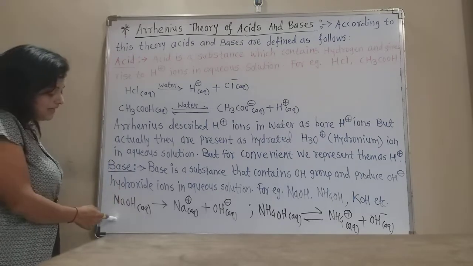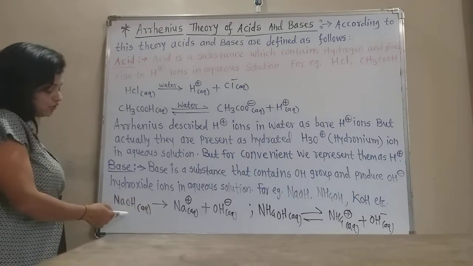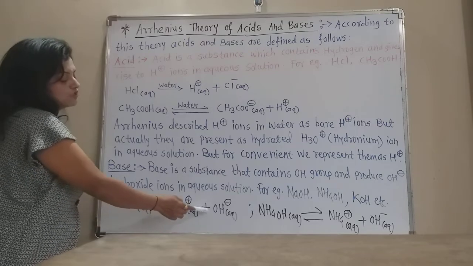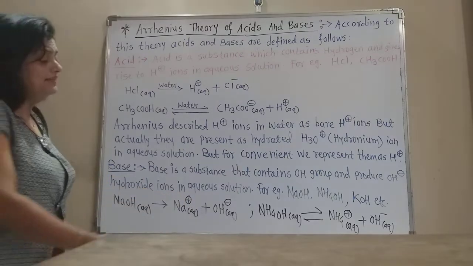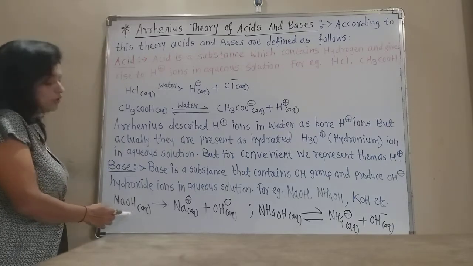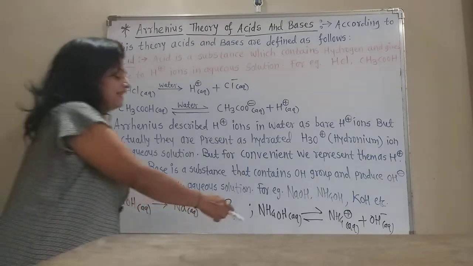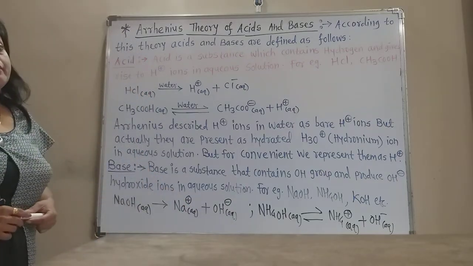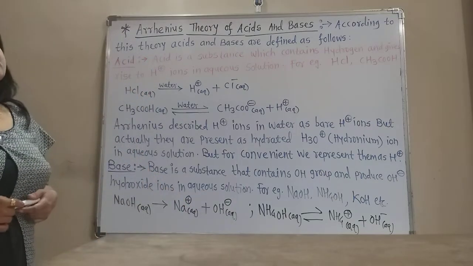Therefore, NaOH aqueous ionizes in water as Na plus aqueous plus OH minus aqueous. This is sodium hydroxide NaOH, and NH4OH is ammonium hydroxide, which is a weak base.